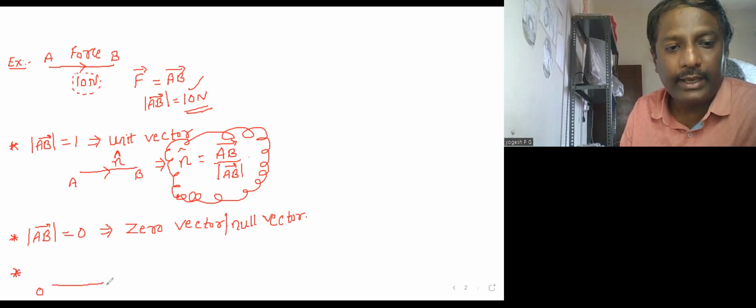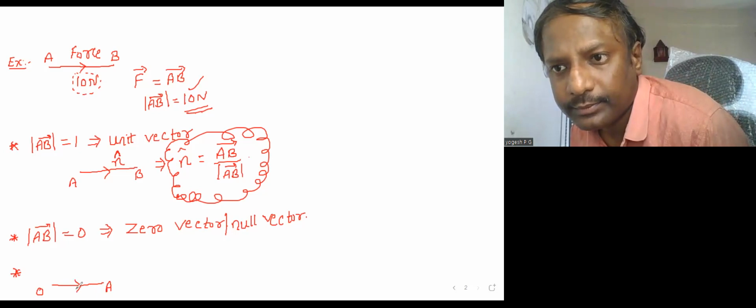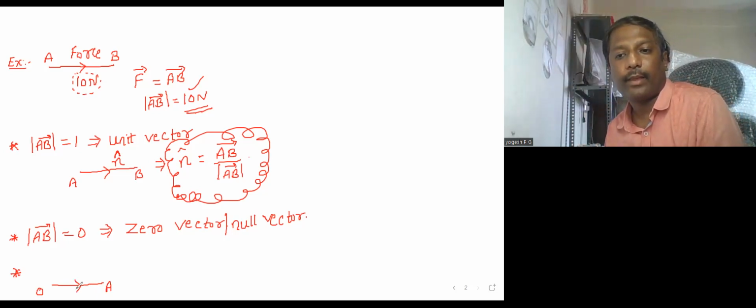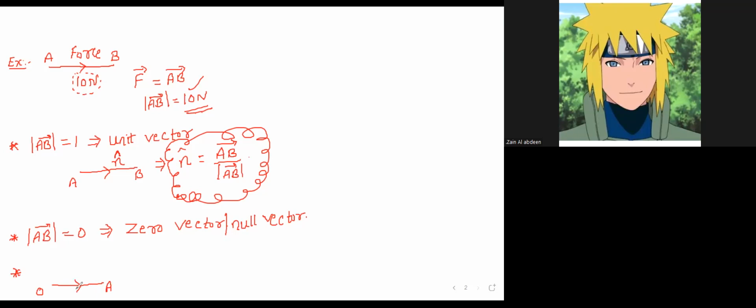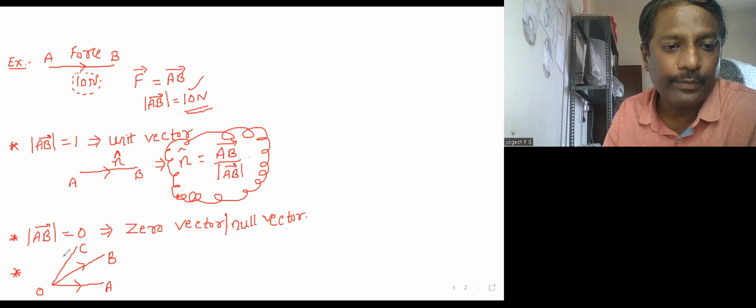Let me consider one vector OA. Which is the initial point, students? O. Let me consider one more vector, OB. Let me consider one more vector, OC.